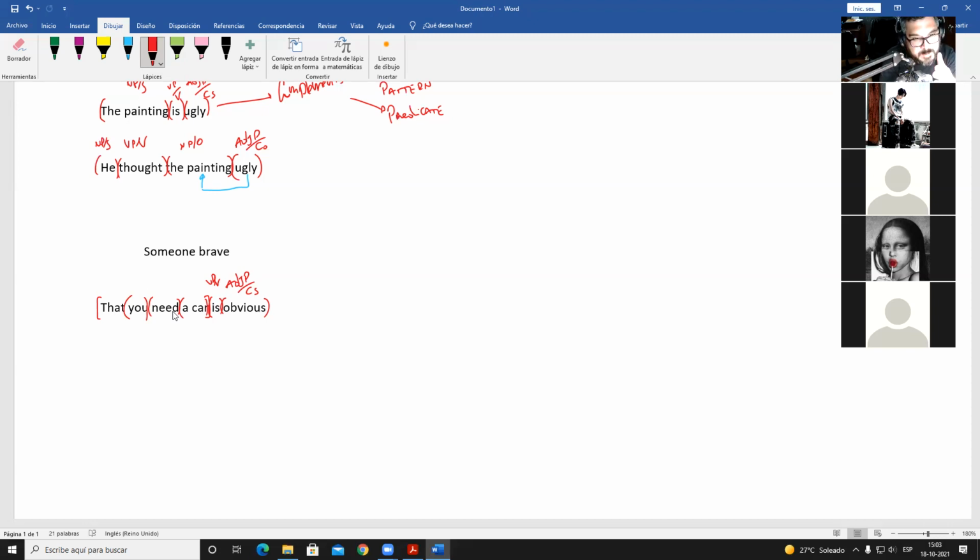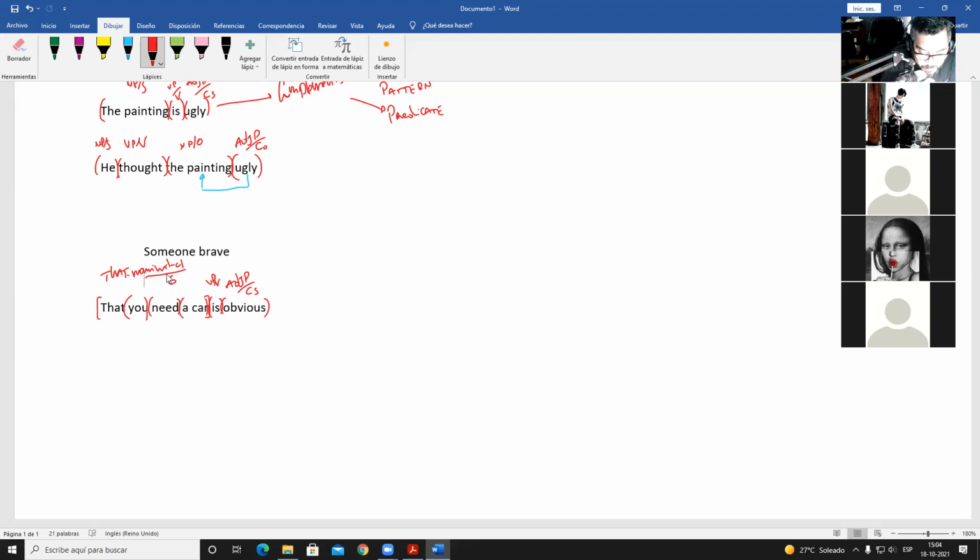That you need a car is obvious. Therefore, that you need a car is part of the other one. As this clause begins with the subordinating conjunction that, it gives its name. So this clause is called a that nominal clause, and it acts as a subject.